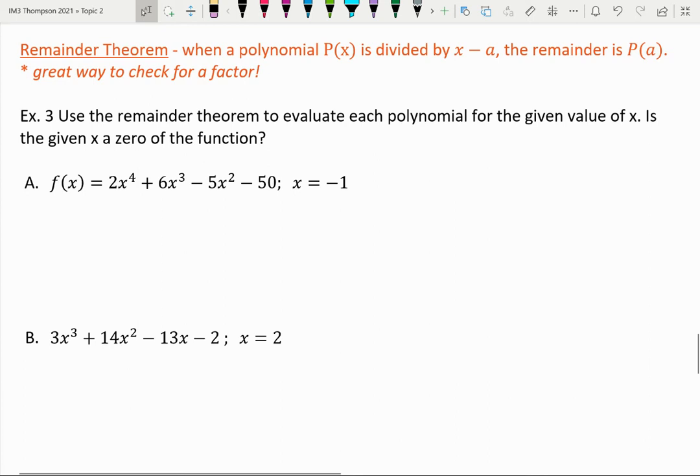Example 3, use the remainder theorem to evaluate each polynomial for the given value of x. Is the given x a 0 of the function?